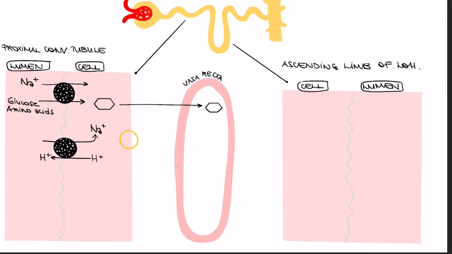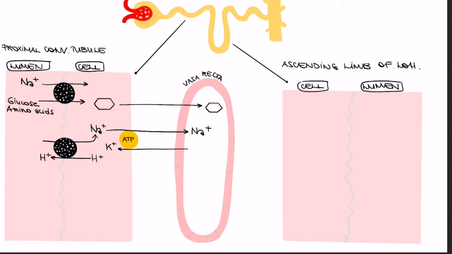The sodium is reabsorbed inside the cell and then is exchanged with potassium, both against their concentration gradient. This is the sodium-potassium ATPase pump. The sodium-potassium ATPase pump is very important, and it is situated usually on the basal aspect of the cell.